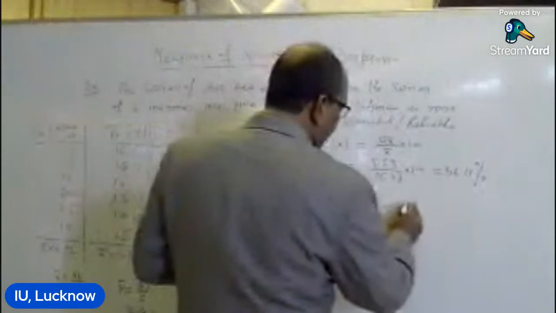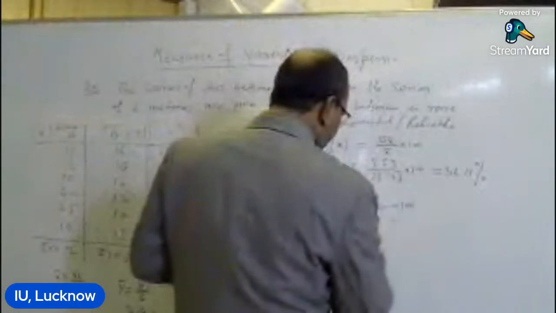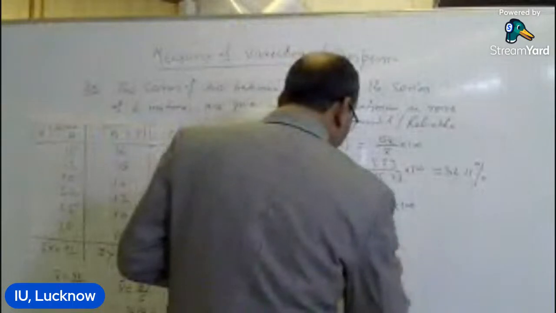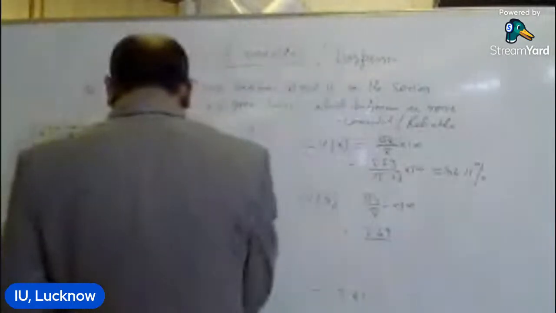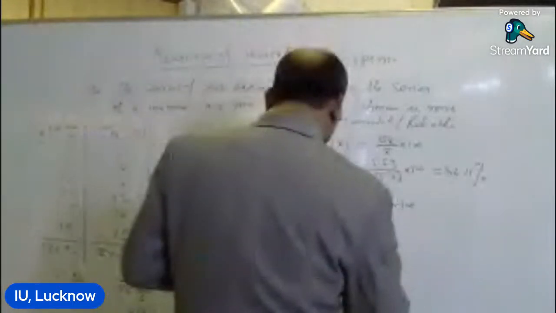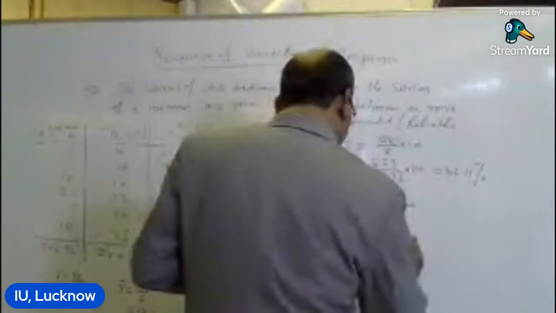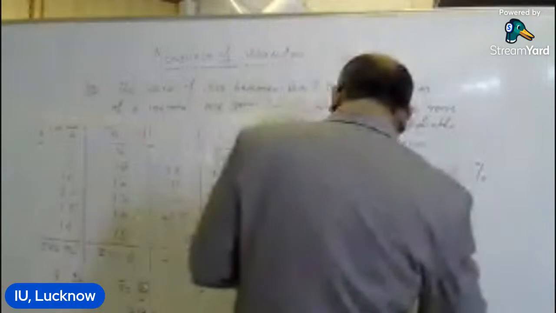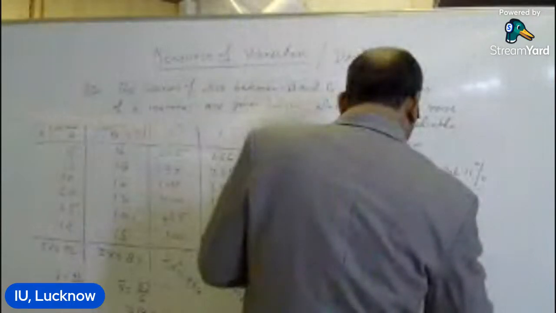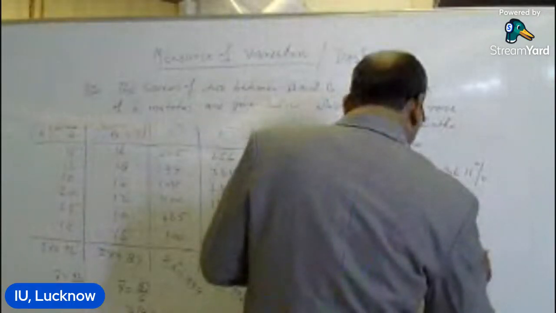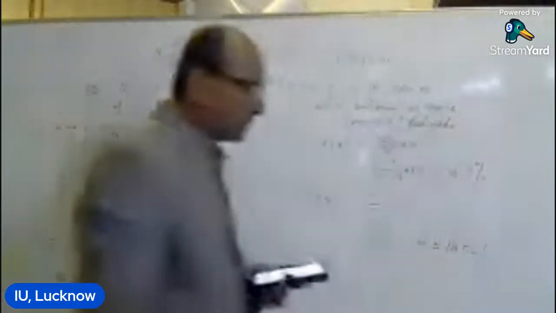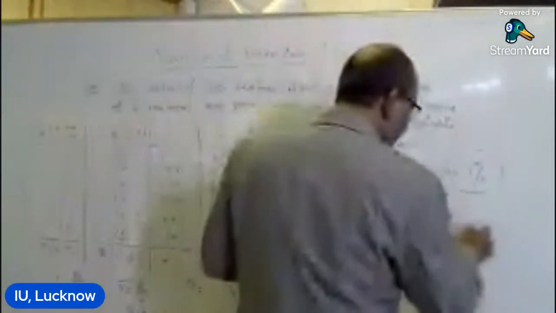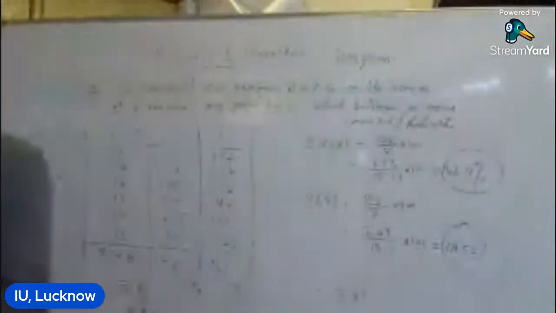This is the formula, and put the values: standard deviation of Y 2.69 divided by the mean of Y 14.5 into 100, and this will give you 18.56%. So just see here two values, the coefficient of variation for X and the coefficient of variation for Y.